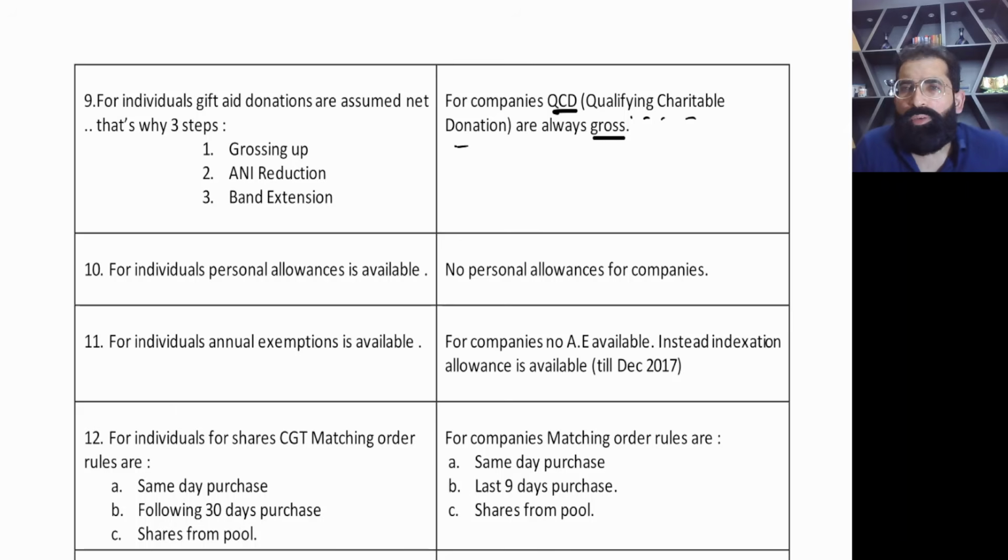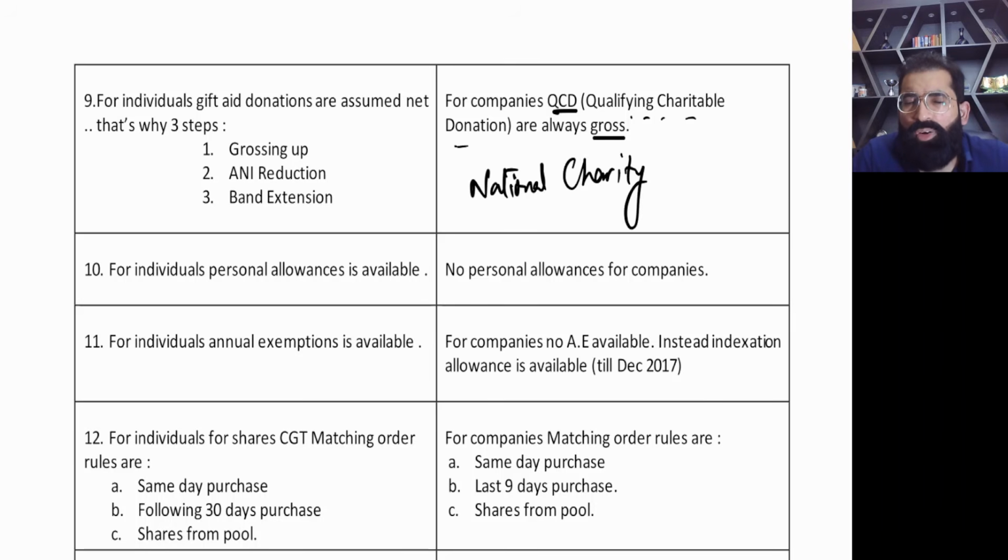And one more thing I would like to say, in many questions you have also seen in the kit, one is a local charity and the other one is a national charity. National charity donations are normally QCDs.